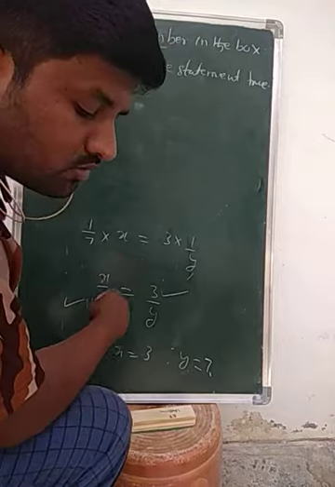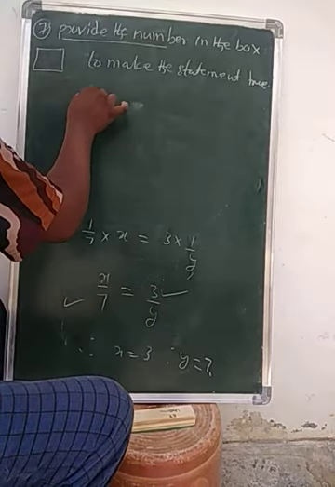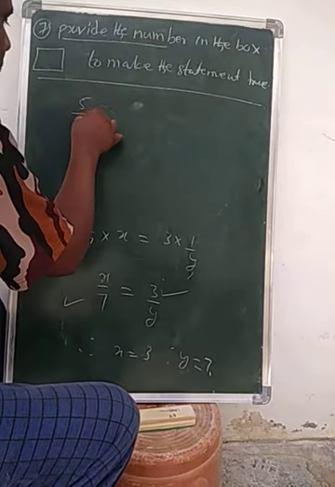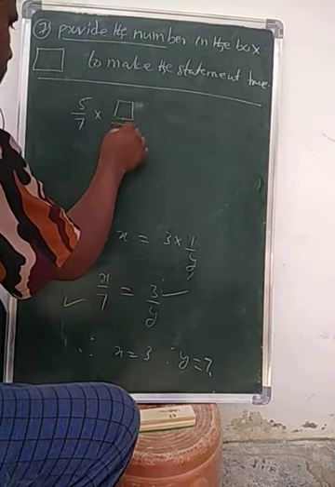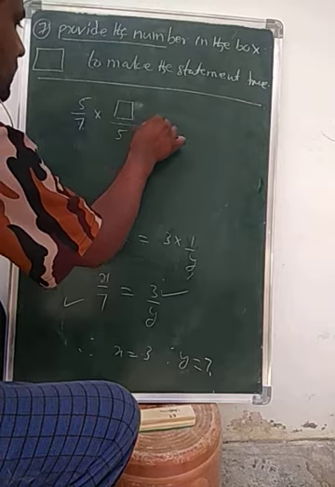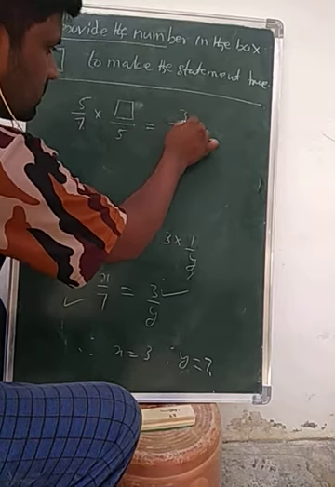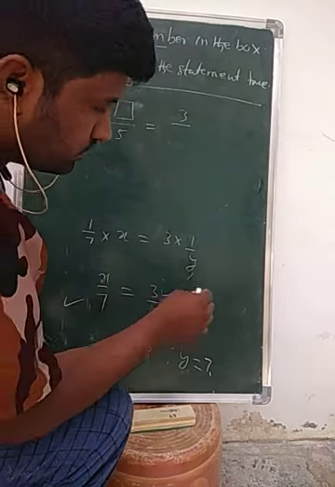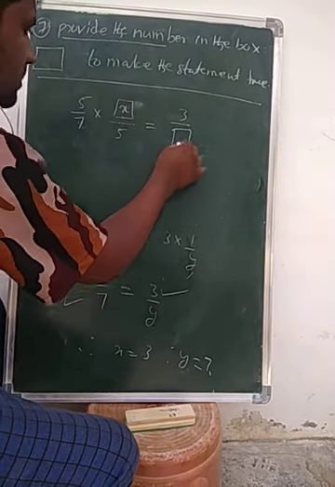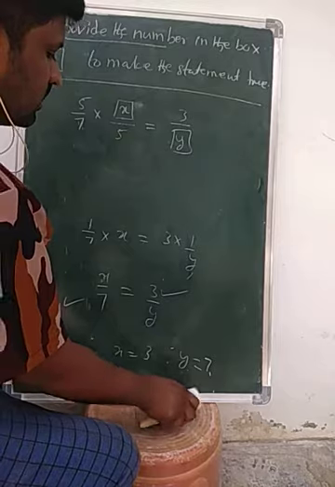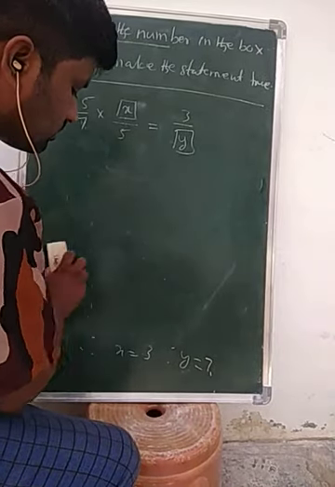Let us go for the verification. 5 by 7 into the empty box by 5 is equal to 3 by the empty box. In the place of one empty box I took x, in the place of the other I took y.